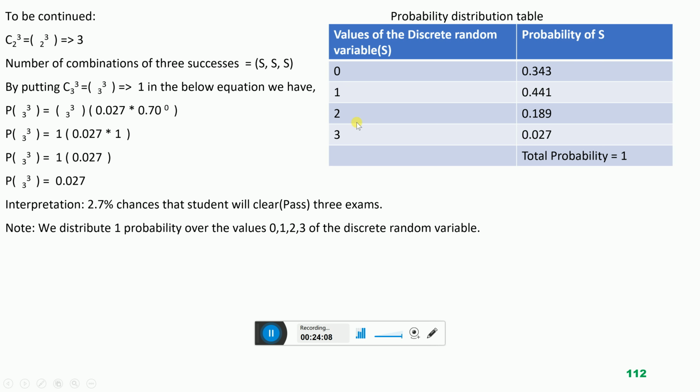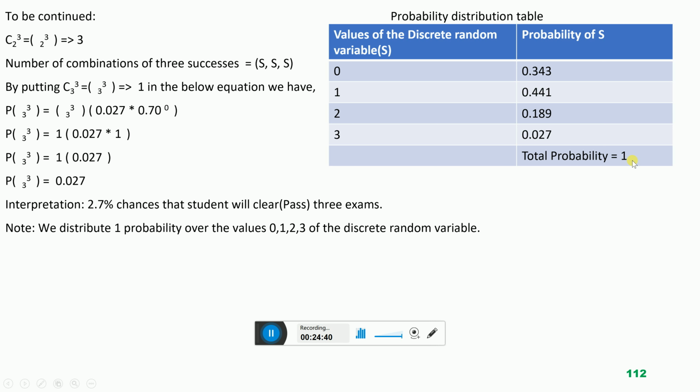The first column represents the values of the discrete random variable success, 0, 1, 2, 3, and the second column represents the corresponding probabilities. So 0.343 is the probability of 0 successes, 0.441 is the probability of 1 success, 0.189 is the probability of 2 successes, 0.027 is the probability of 3 successes. When we add all these probabilities, the total is equal to 1.